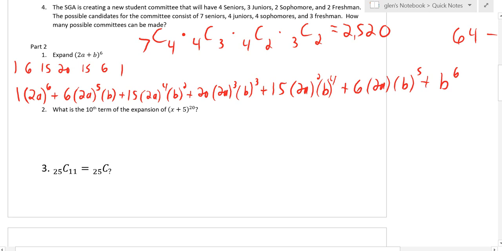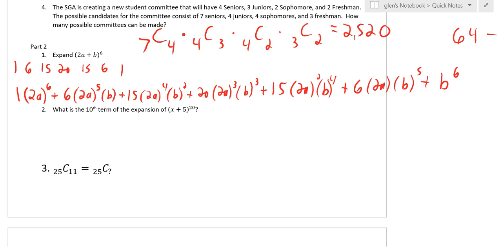Is that okay? We need 1. The first one? Because it's the first thing to the 6th, the second thing to the 0. Remember, the exponents always add up to the power you're at. So all the exponents have to add up to 6 in each term.